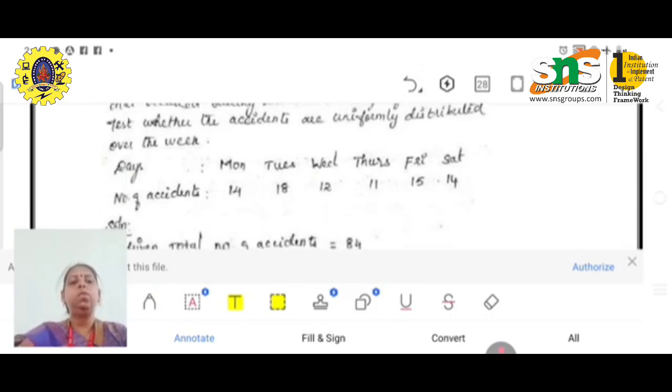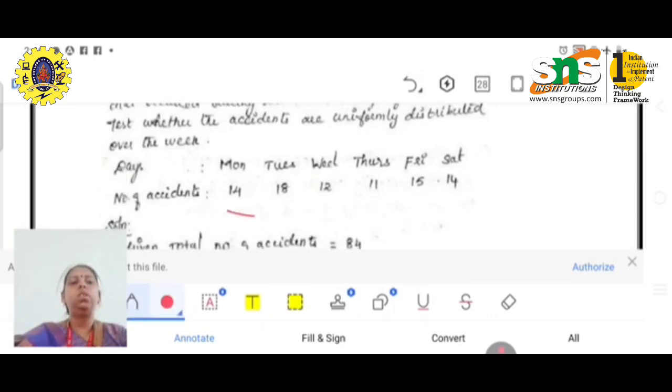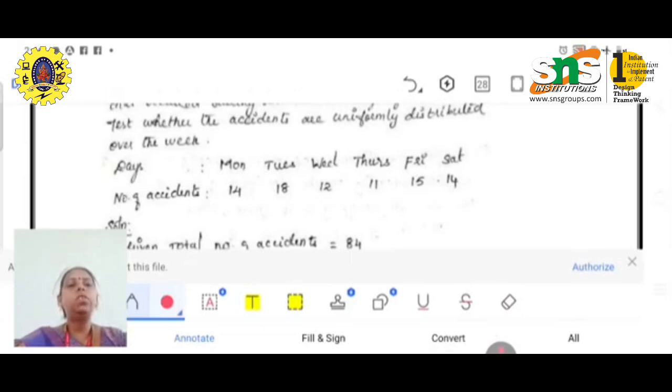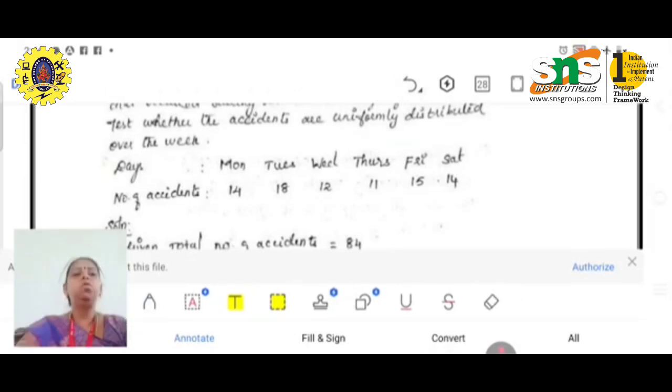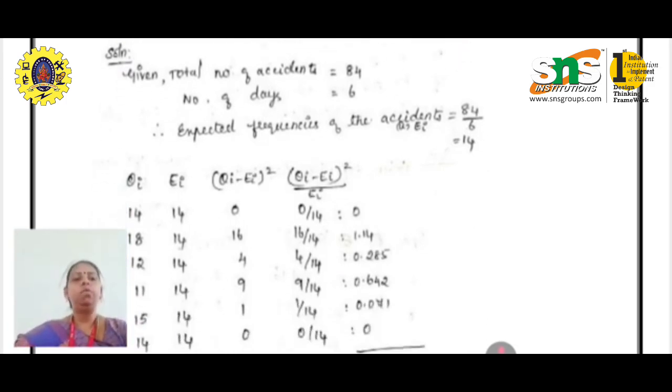The given data: Monday it is 14, Tuesday 18, Wednesday 12, Thursday 11, Friday 15, Saturday 14. So we have to use chi-square distribution to check whether it is uniformly distributed.